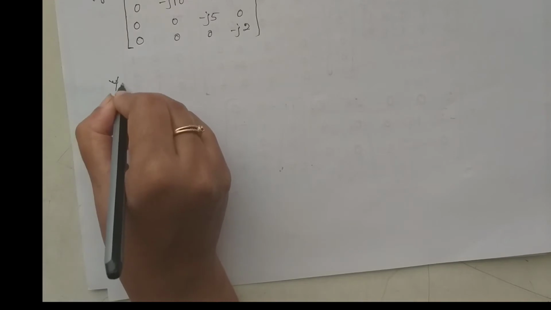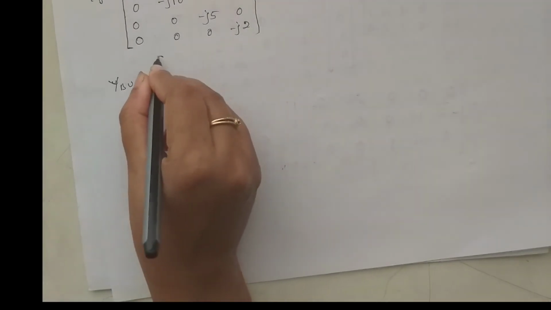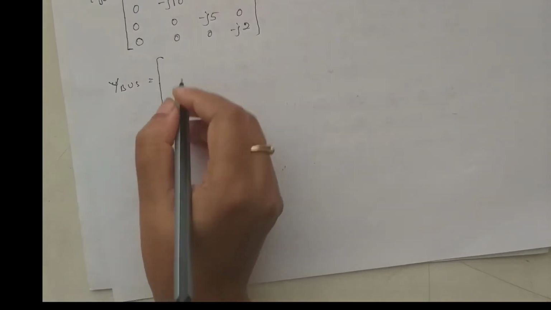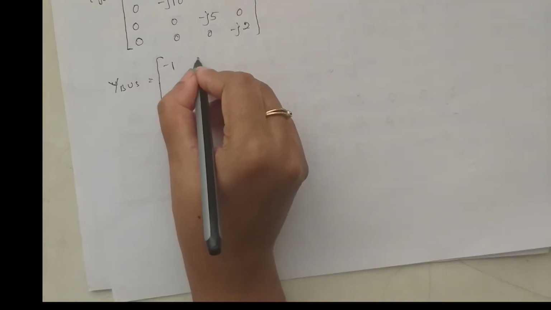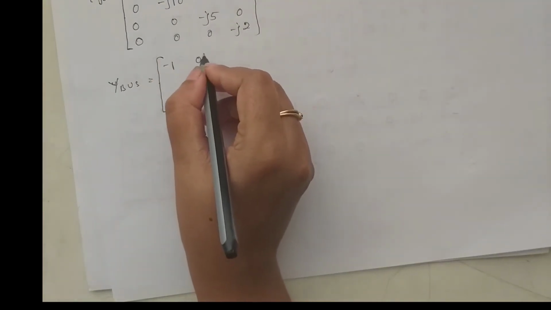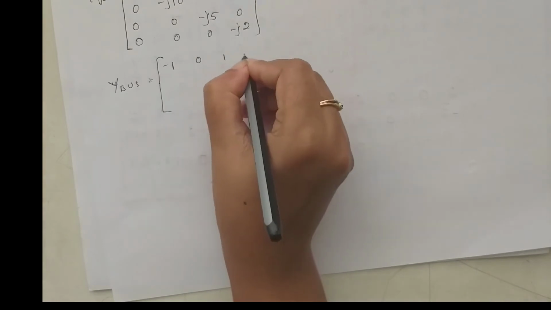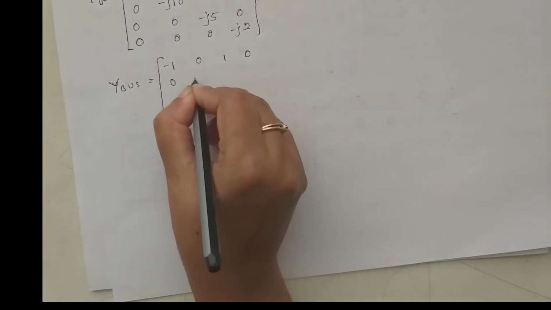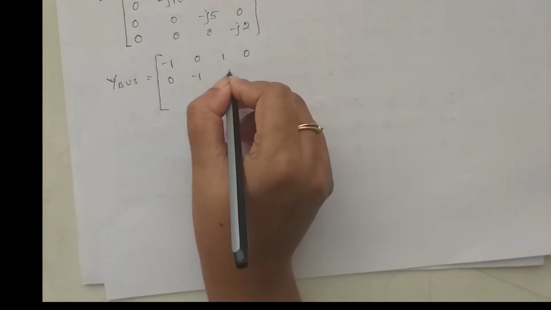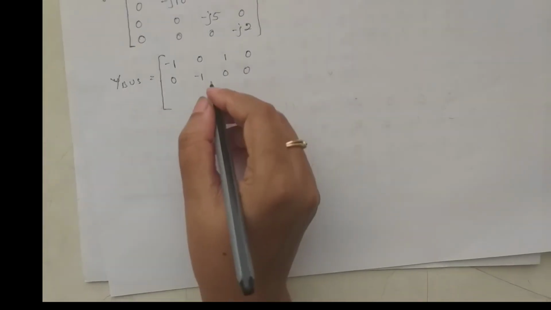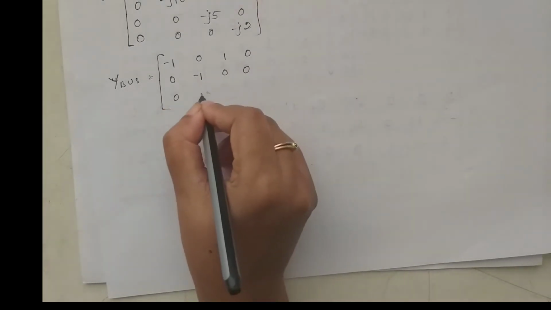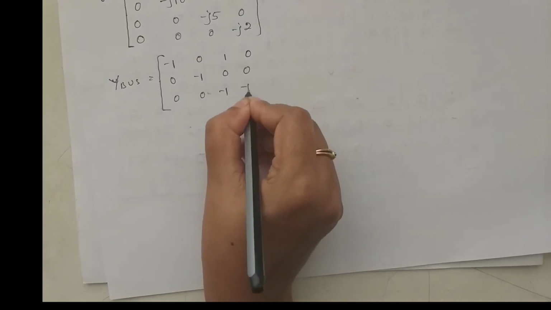Y bus is equal to A transpose, which is minus 1, 0, 1, 0; 0, minus 1, 0, 0; 0, 0, minus 1, minus 1.